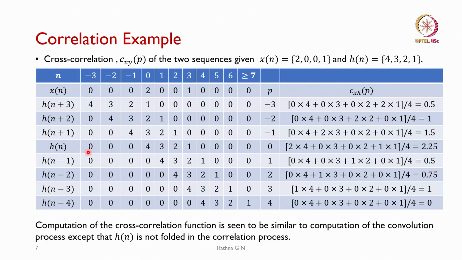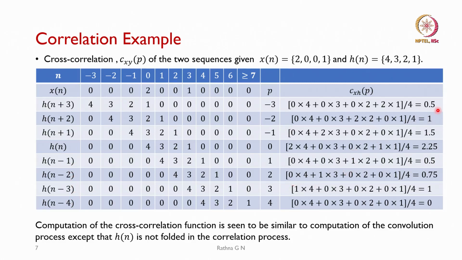In the same way, you do this when x of n and h of n are at 0, that is p is equal to 0. Both will be coinciding with each other, that is 2, 0, 0, 1 and 4, 3, 2, 1, and you will see that the correlation value here is the peak, it is 2.25. Then you will be moving away, p is equal to 1, 2, 3 and then 4.